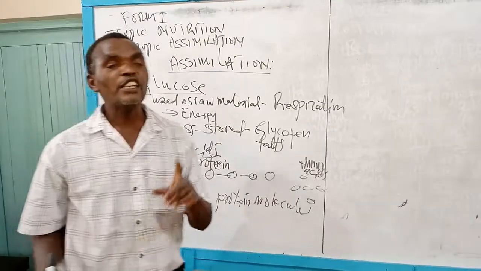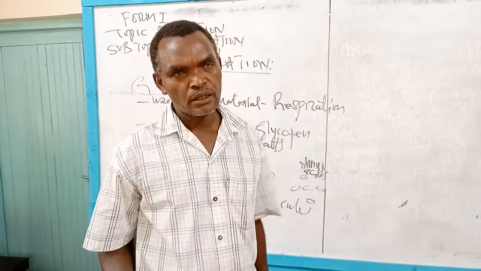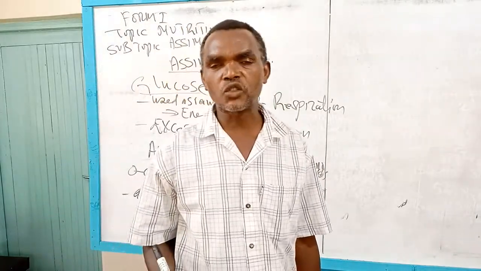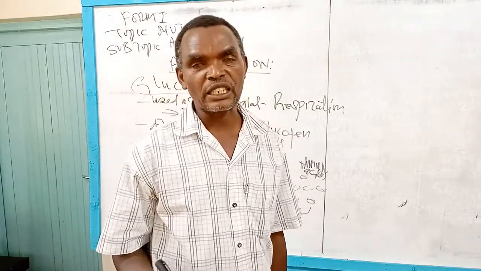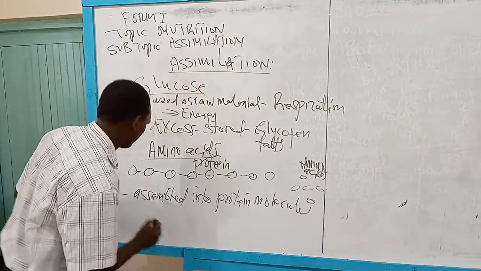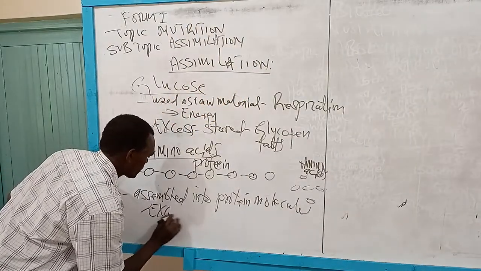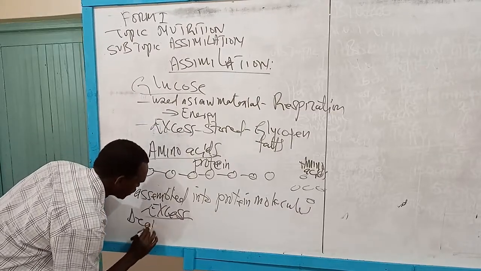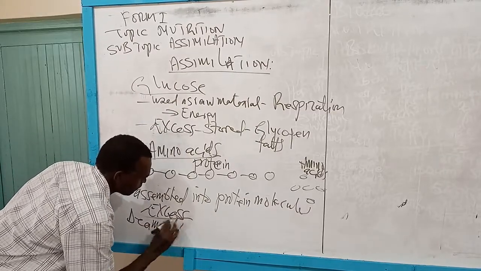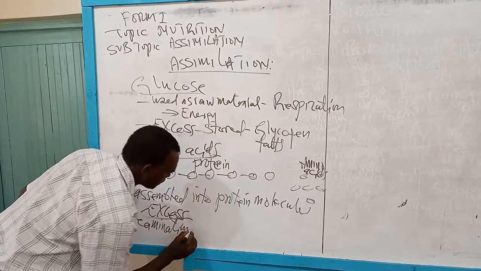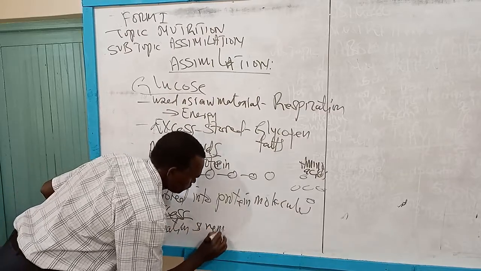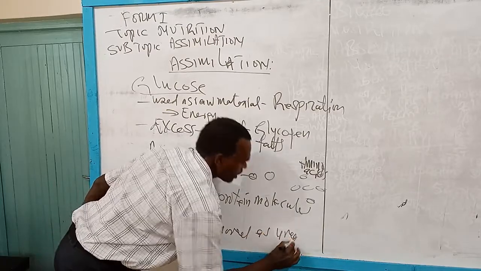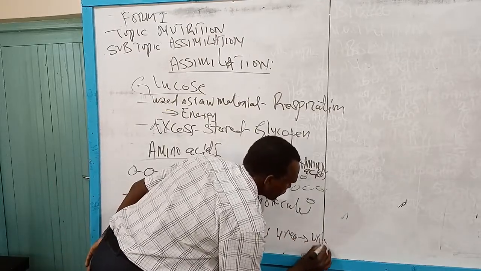Again, if we take too much, the body doesn't have reserve or storage structures for excess protein. Therefore, what happens? The excess undergoes a process we call deamination, and is removed as urea, then urine.